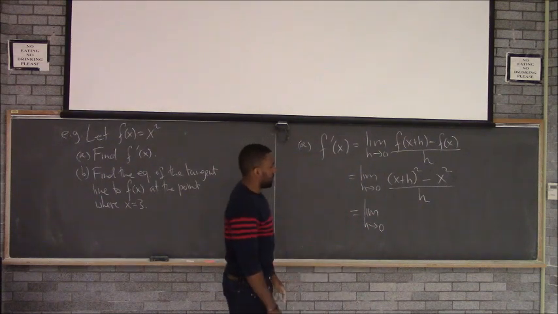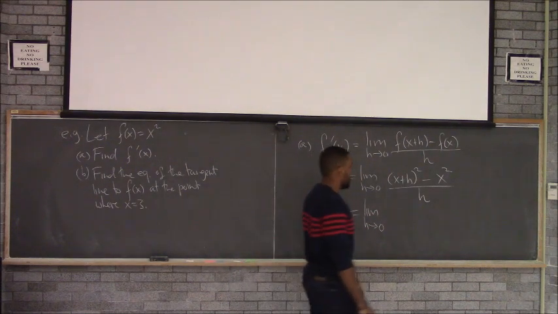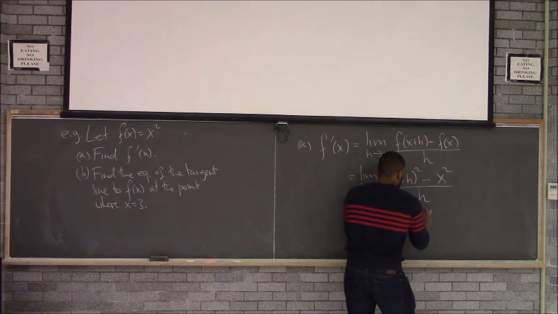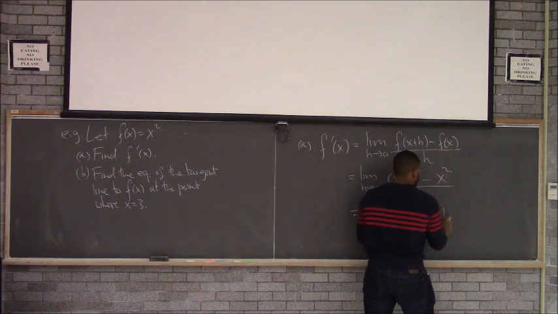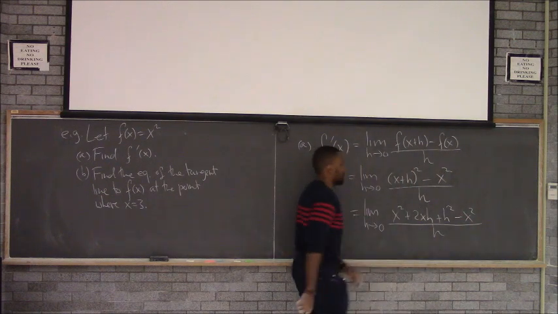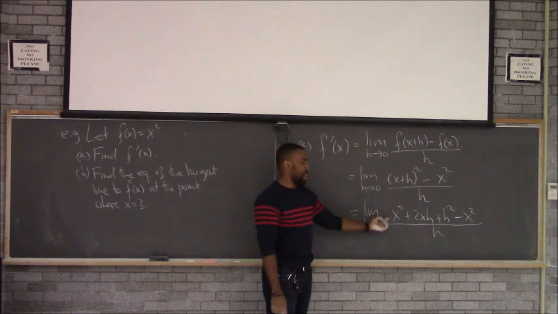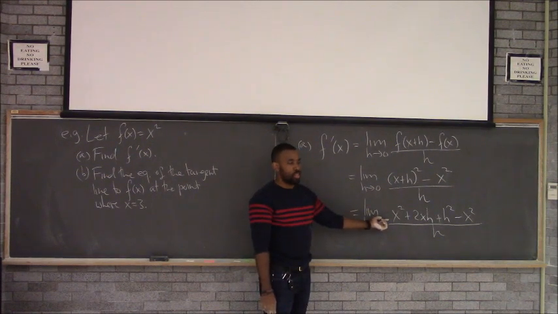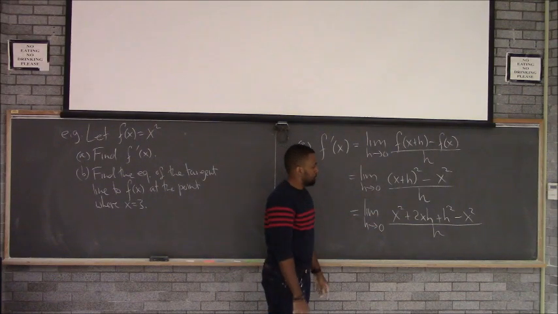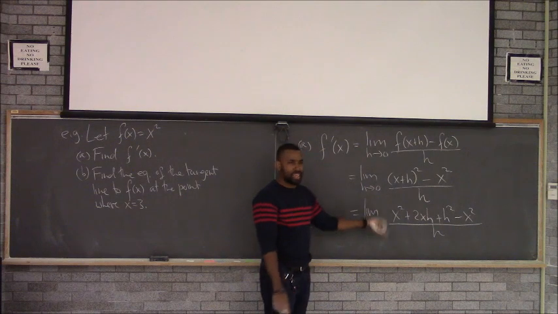Okay, now what? That's going to be x squared plus 2xh plus h squared minus x squared over h. A lot of students will write x squared plus h squared and forget to write the 2xh because they distribute the powers across the sum. Don't. A lot of mistakes happen in the first two steps.